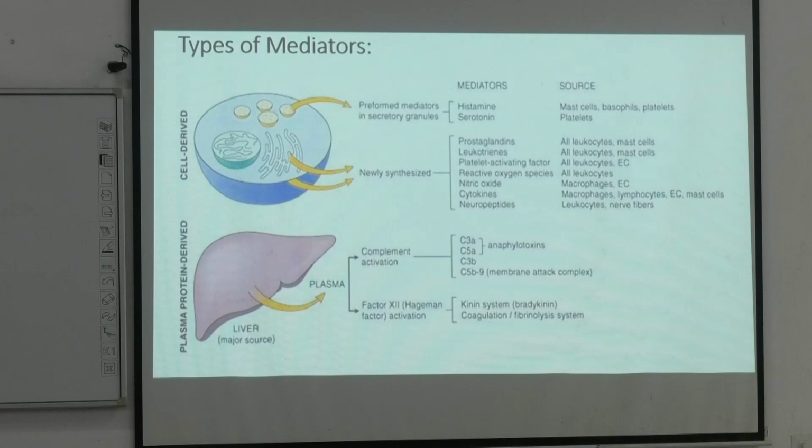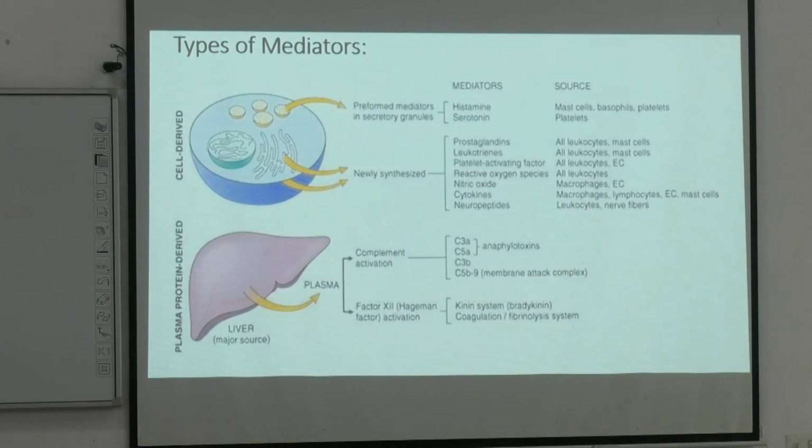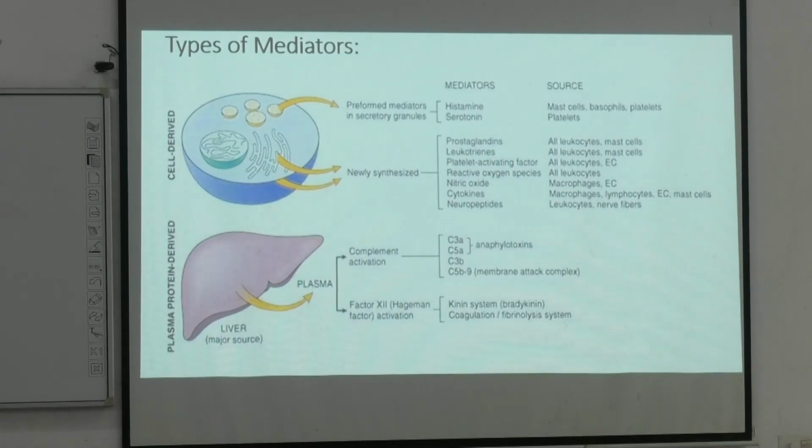These are very important, and important examples are prostaglandins, leukotrienes, platelet activating factor, reactive oxygen species, nitric oxide, cytokines, neuropeptides, etc. Their sources are all leukocytes, mast cells, endothelial cells, macrophages, and nerve fibers is the source of neuropeptide.